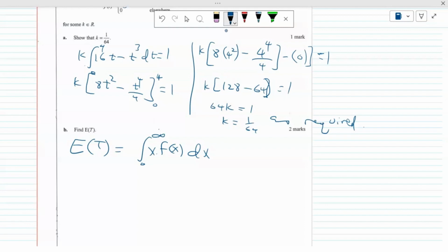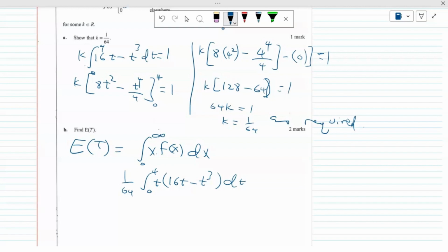Our x is t, so we have 1 over 64 times the integral of 16t minus t to the power of 3 dt, and my upper bound is 4, my lower bound is 0.